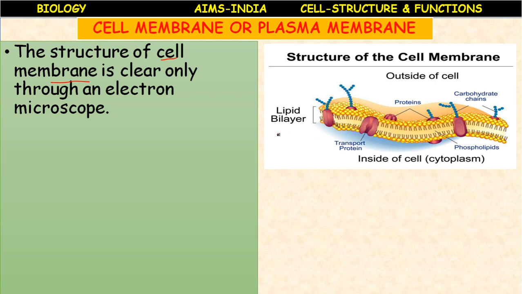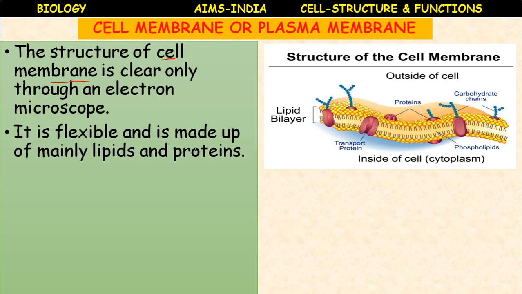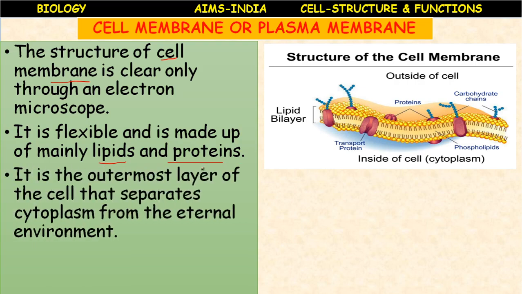More clearly you can see this is the internal structure of cell membrane. When you observe the same cell membrane under electron microscope, you will see these structures. It is flexible and is made up of mainly lipids and proteins. The chemical composition of cell membrane or plasma membrane is lipids and proteins.